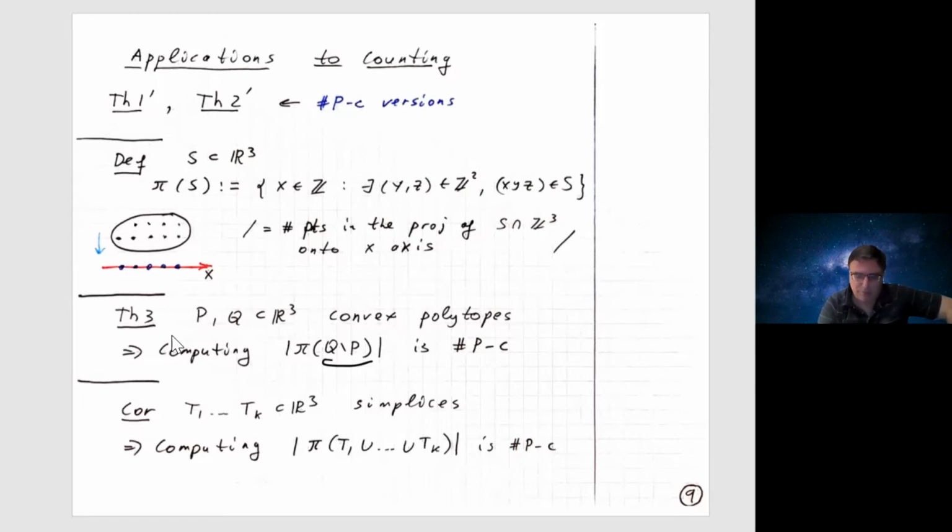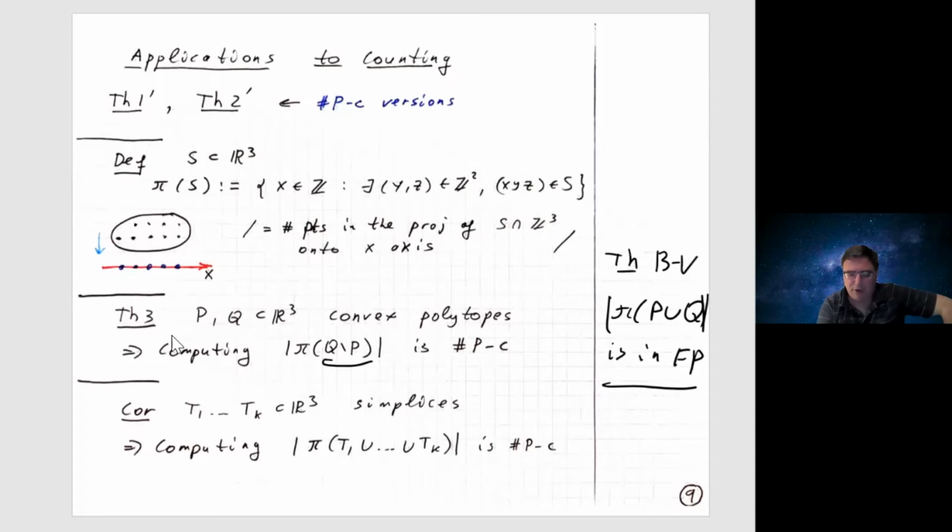So pi of P union Q is in FP, which means that it can be computed in polynomial time, and this is Barvinok and Woods. I think they say it explicitly.